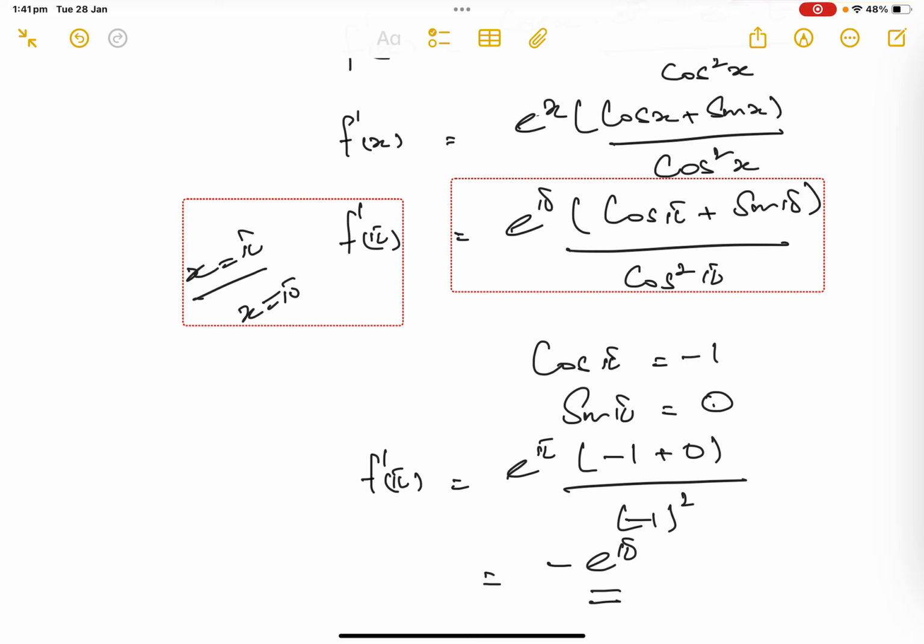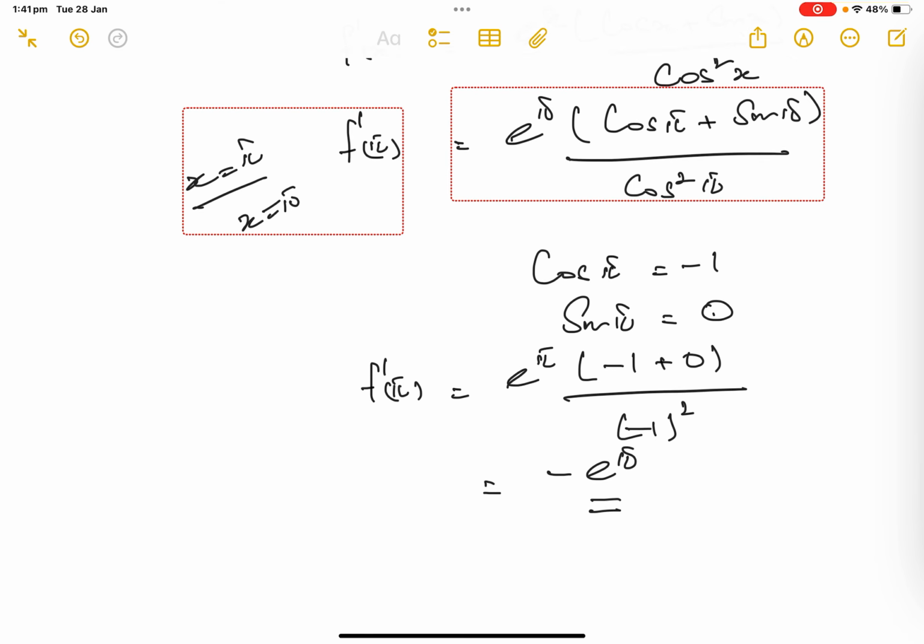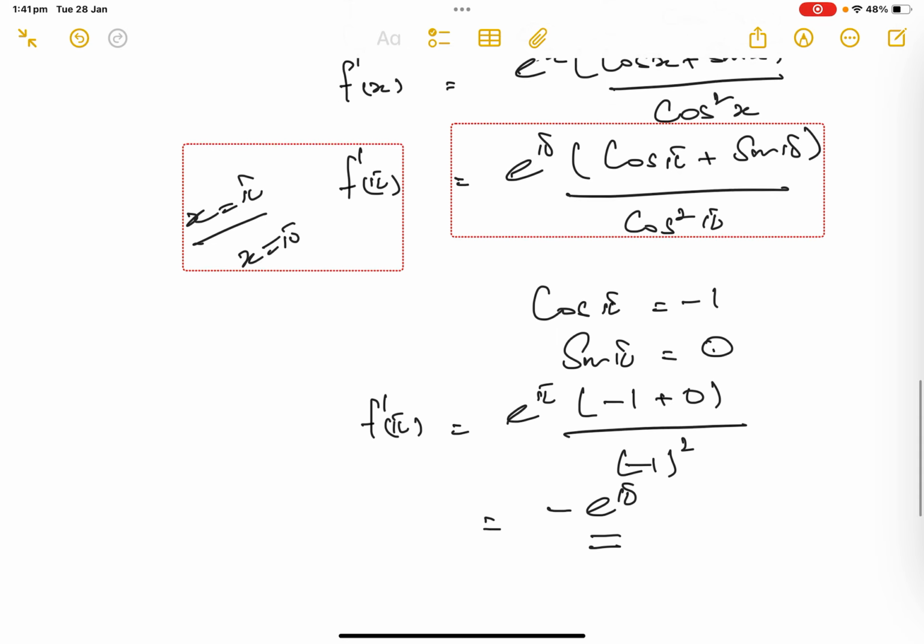Cos pi, the students should know, is minus 1 and sin pi is 0. These are simple values we should know without using a calculator. So cos pi equals minus 1, sin pi equals 0.